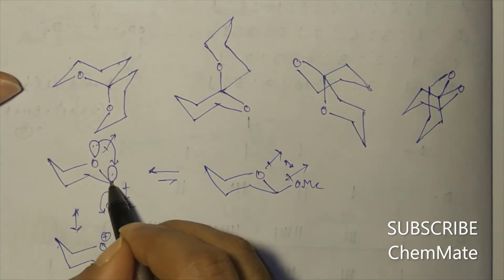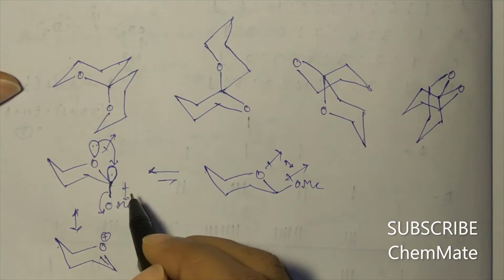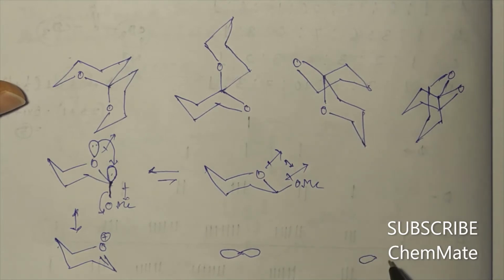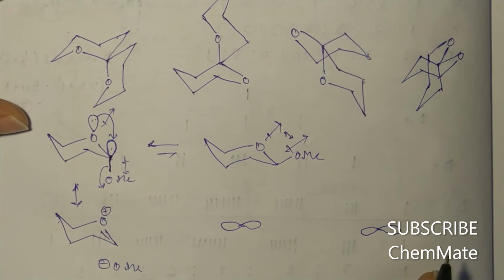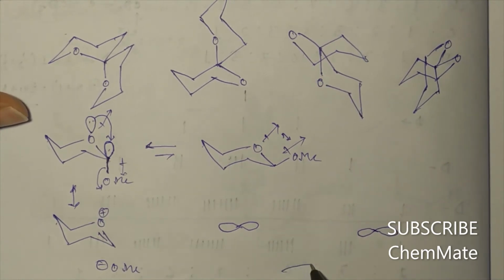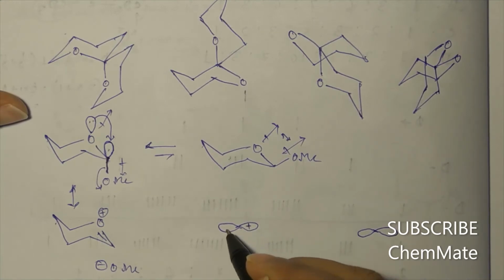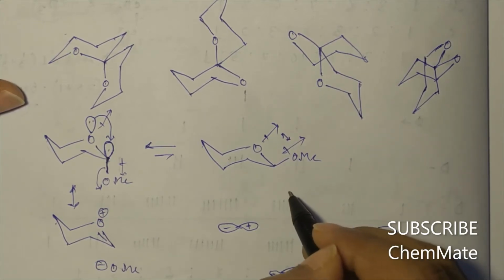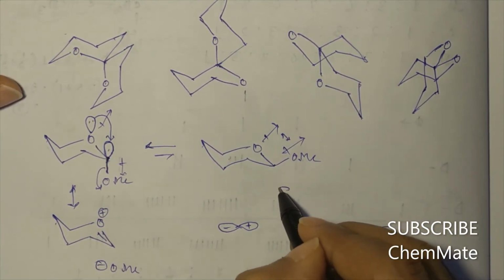Now how is this antibonding orbital here? As we know, if two p orbitals participate in bonding formation of molecular orbital, then the bonding orbital will be like this. This is plus minus, and the antibonding orbital will be like this.